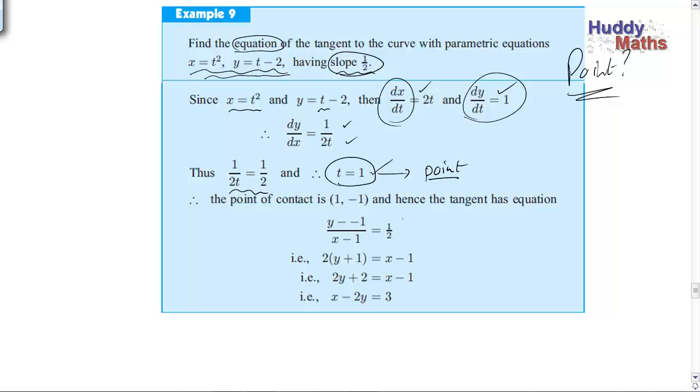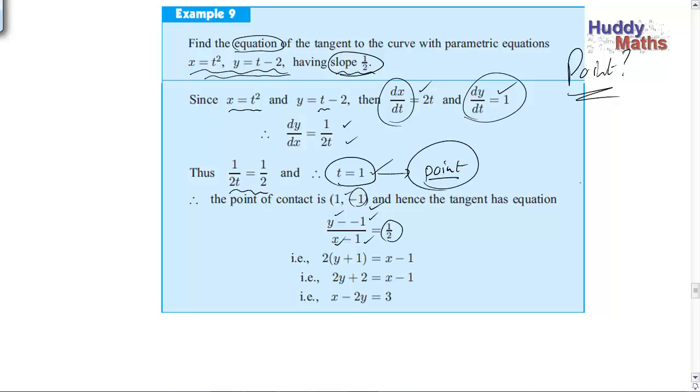Okay, so now if we take t is 1, we can put it in up here and we get the point 1, neg 1. And so the tangent is y take the y coordinate of the point on the line, over x take the x coordinate, and that has to equal a half. So this is a bit of a tricky way of finding the point.